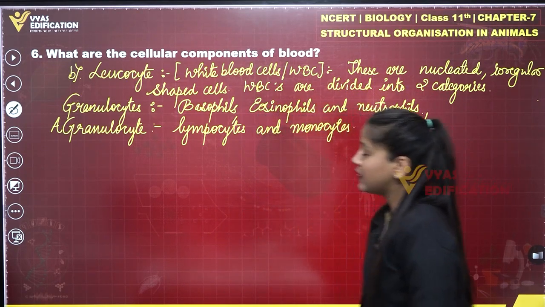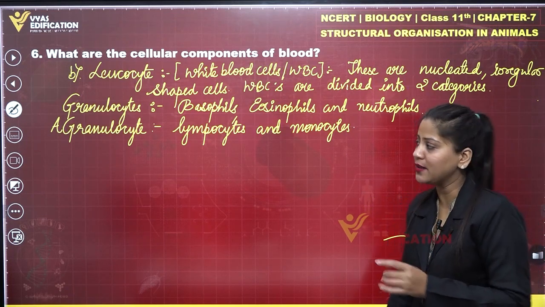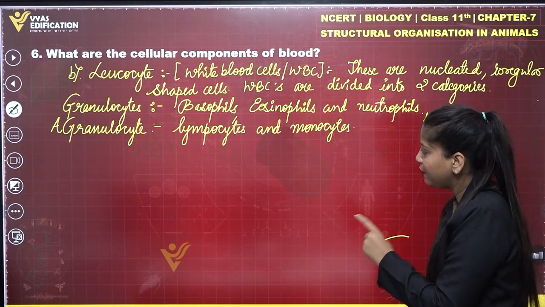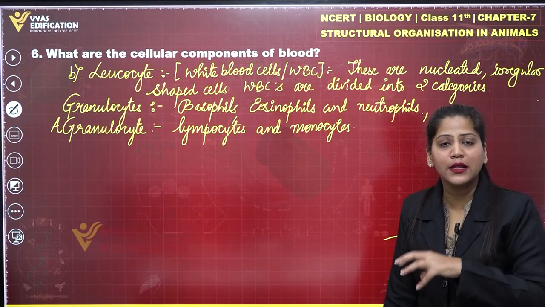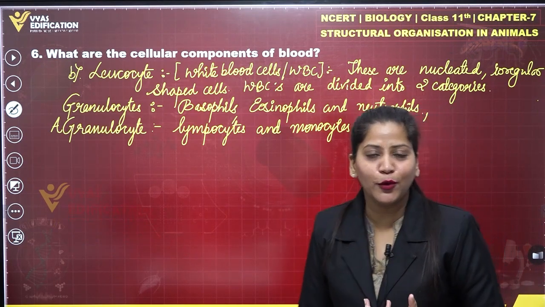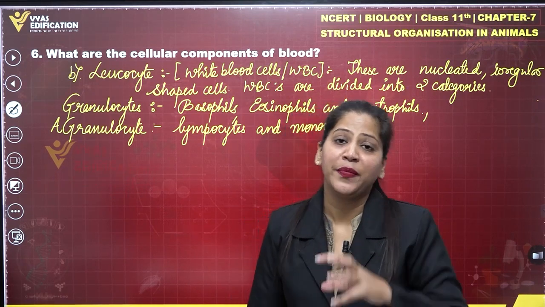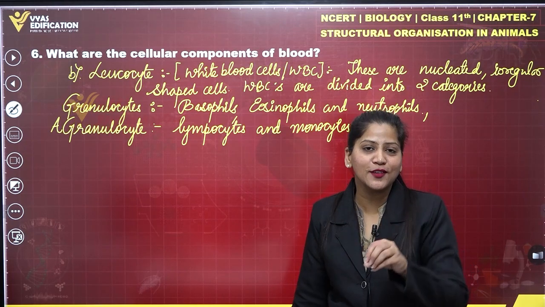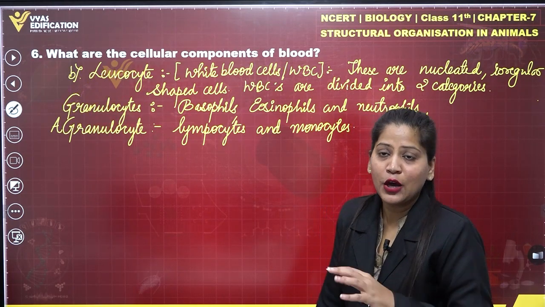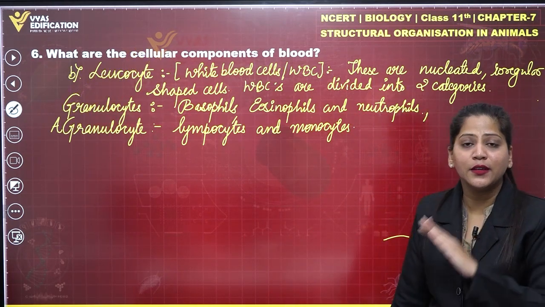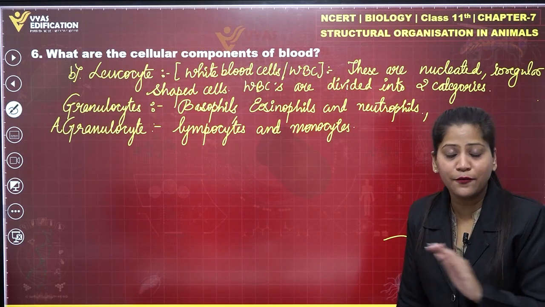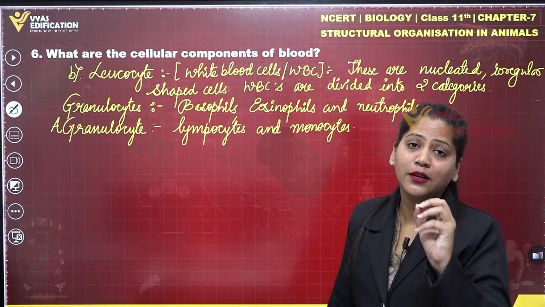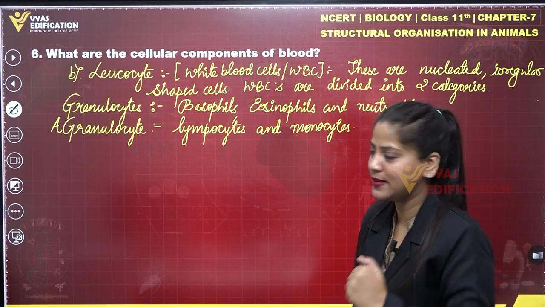Remember, all these are WBC cells: basophils, eosinophils, neutrophils, lymphocytes and monocytes. They are just categorized into two groups based upon the presence of granules in them, right? All are types of leukocytes or WBC cells.